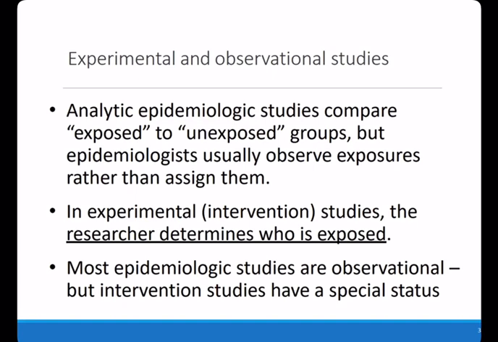Experimental studies, which are also called intervention studies, are employed to attempt to change something to see what effect this has on disease occurrence, or to test the efficacy of preventive or therapeutic measures.